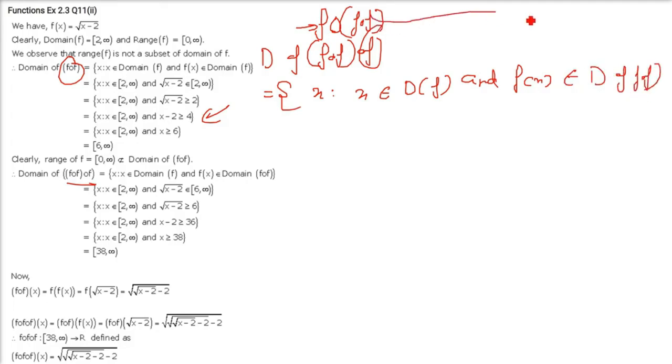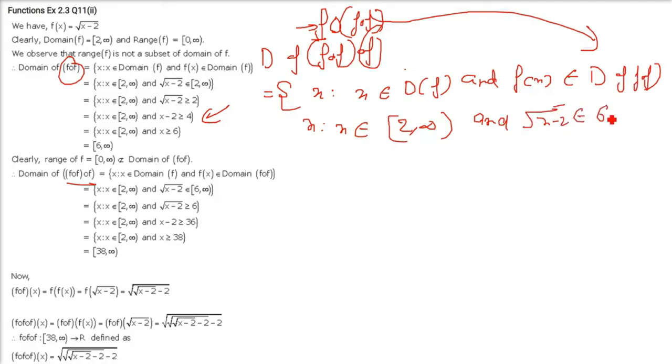So x belongs to the domain of f and f x belongs to the domain of f o f. The domain of f we know is 2 to infinity, and what was f x, which was under root x minus 2? What is the domain of f o f? We already found out 6 to infinity. 6 is inclusive, infinity is not inclusive. So 6 to infinity it is.